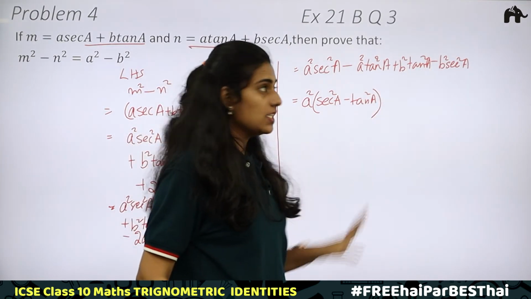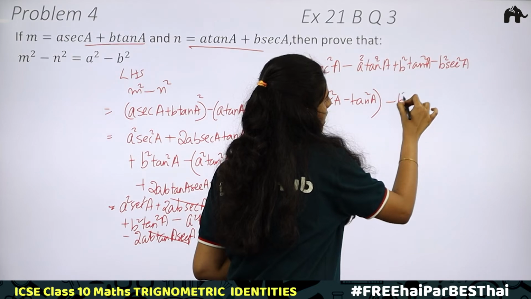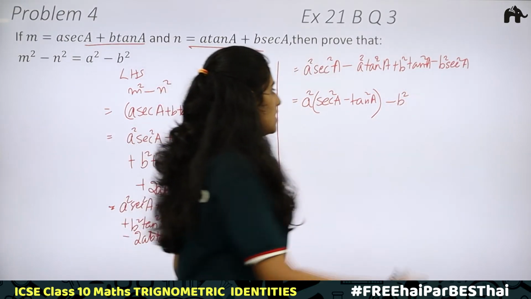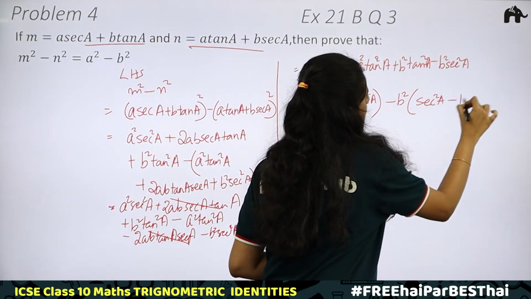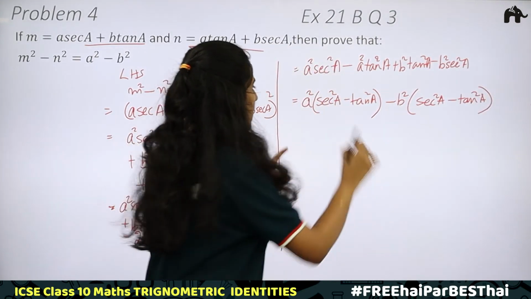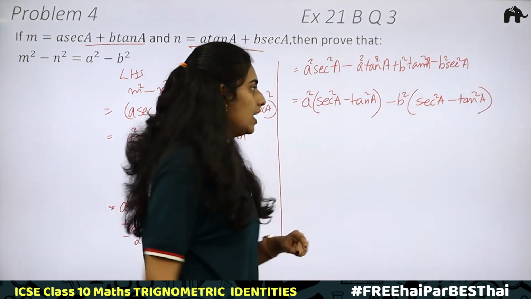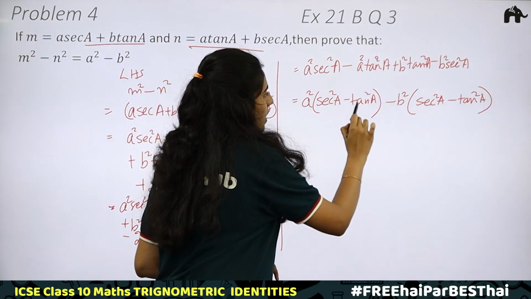From this b square can be taken out; here I am taking minus b square out. When minus b square is taken out, we get sec square A minus tan square A, just to get the same terms here. Now sec square A minus tan square A.